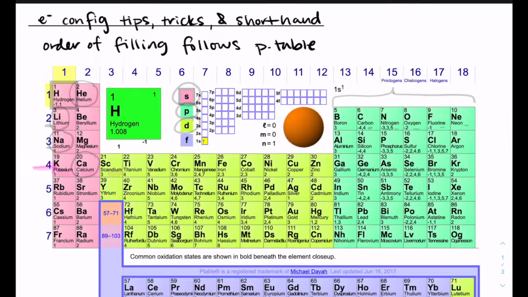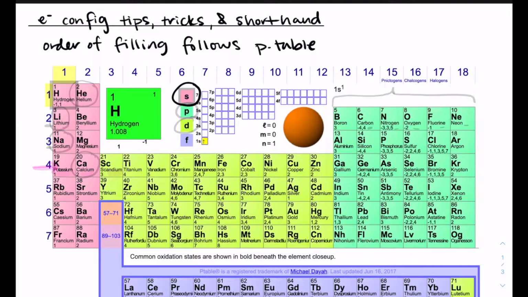Now, if you notice, it's only 2 columns wide. There's only one S orbital in each set, and each S orbital can only hold 2 electrons. So, let's grab some random examples and see if this can start to show you the pattern.